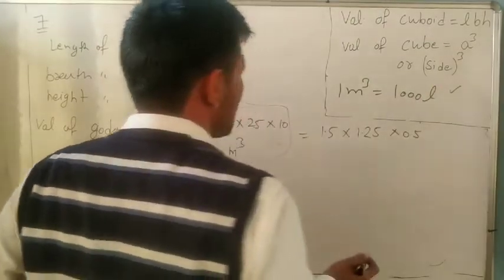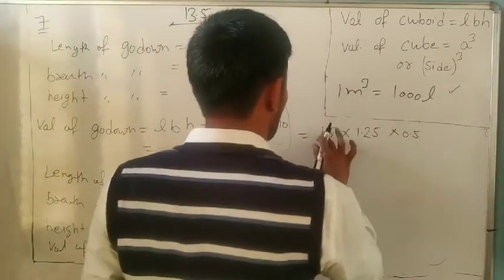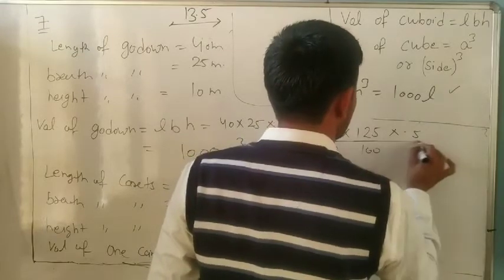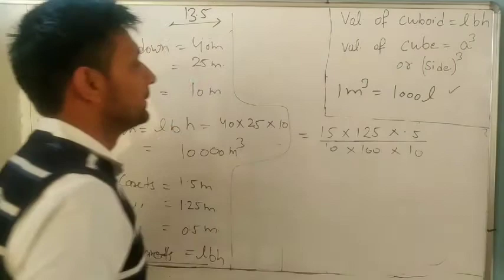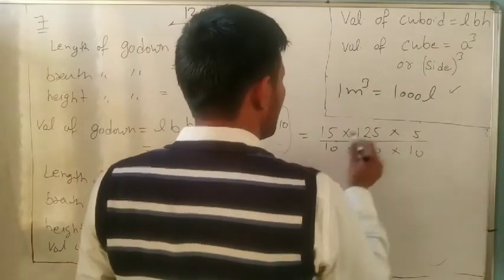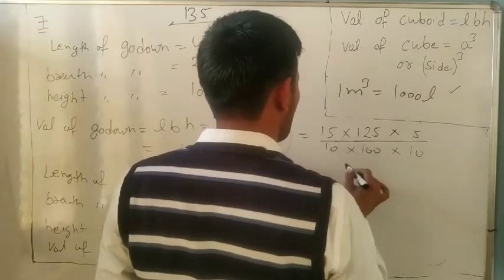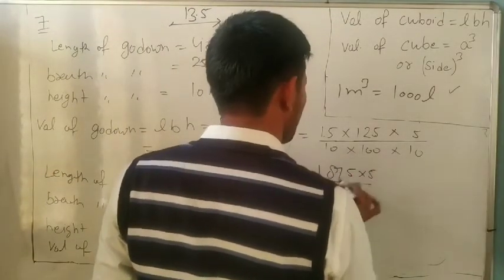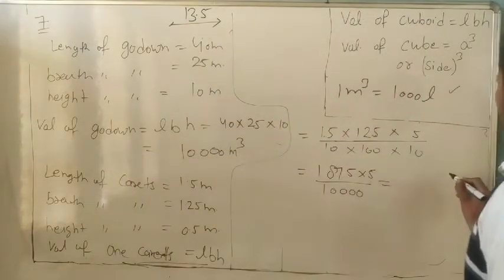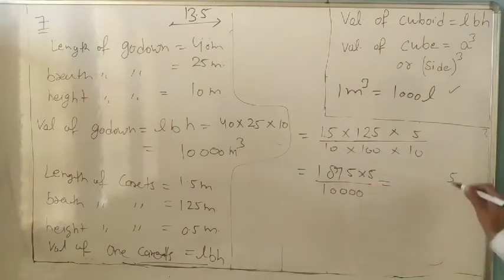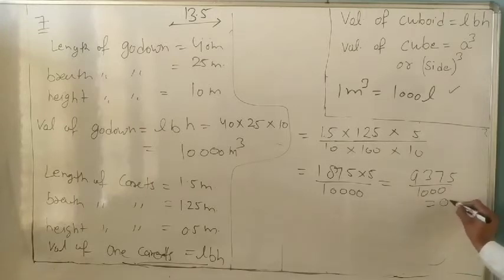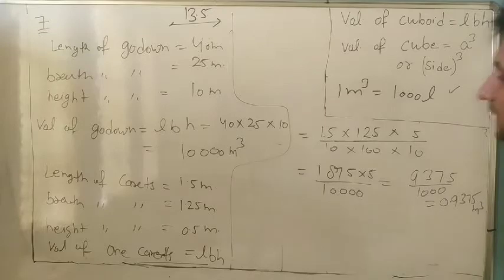We will multiply it directly. Remove the decimals: 10, 100, and divide by 10. Multiplying gives 9375, divided by 10,000 with four zeros. So it becomes 0.9375 meter cube.